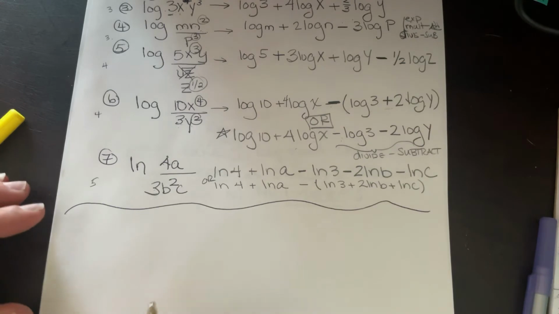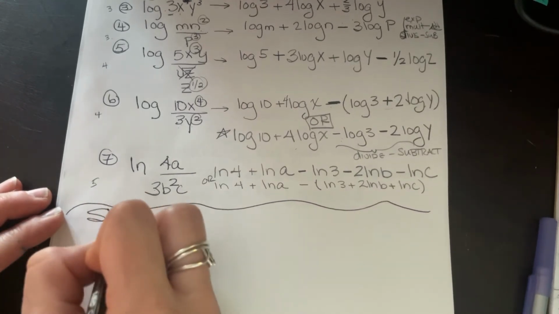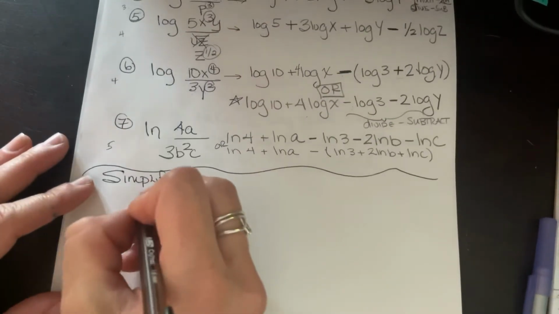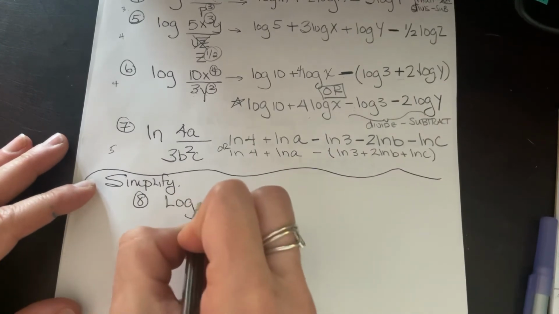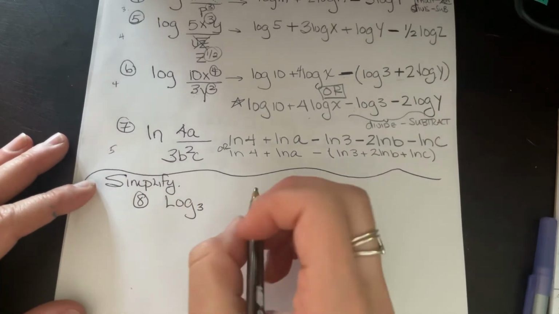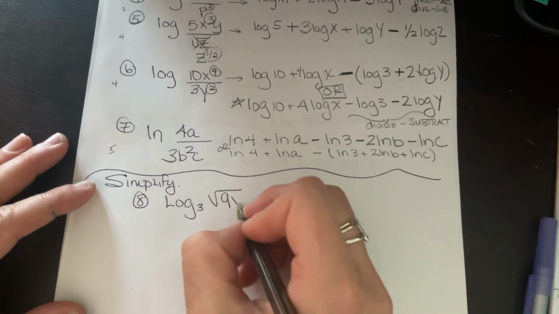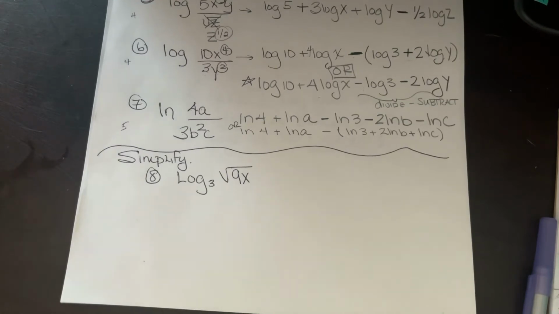Now, we're just going to do 2 more before I show you one other thing. This is what I meant when I said you can also simplify after we expand. So watch this one. Log base 3 of the square root of 9x. Okay, so watch how this one is done.